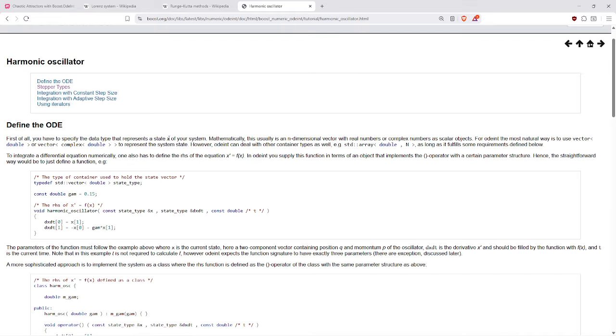The main constraint is that the integrate functions are template functions, templatized on the types of the arguments.